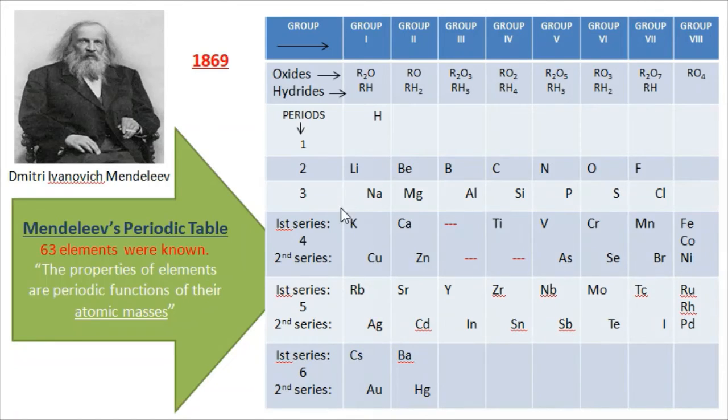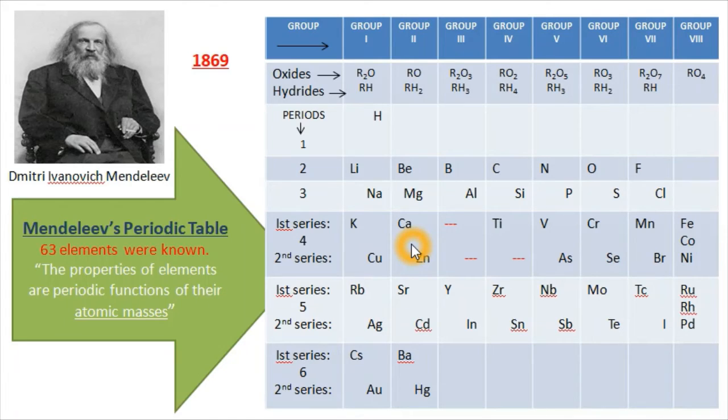As you can see here, suppose I am taking this column, the elements in this column have the same properties, and he arranged them in such a way that in a particular column the elements have the same properties. So he used similar properties to arrange the elements in a particular group. And what was that similar property?